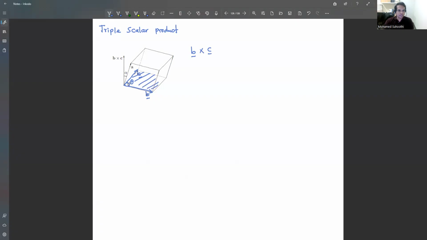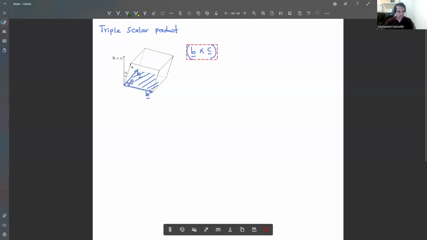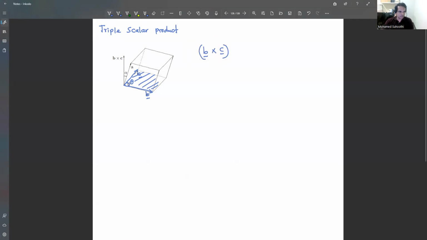Now I'm going to take the dot product of this with vector A. Just now we discussed that one vector dot product with another vector gives the projection.